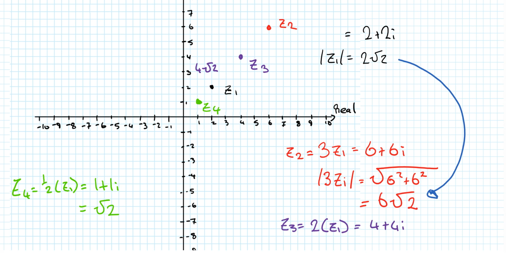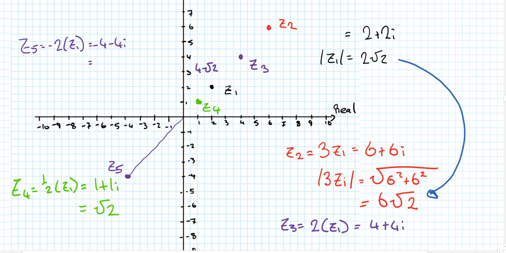If you were to multiply by, let's say minus 2, so Z5 is equal to minus 2 times Z1, you'd get minus 4 minus 4i. And this is down here, minus 4 minus 4i, Z5. The modulus is still the same though. What's its distance from the origin?